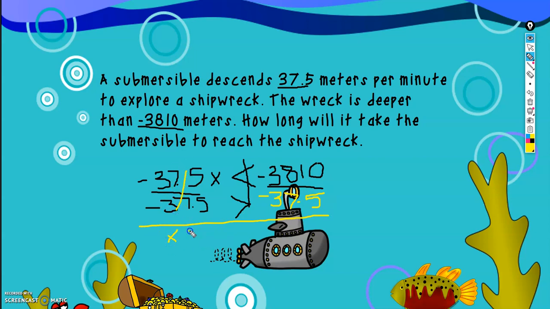Bring down your flipped inequality sign, and once you've done your division, a negative divided by a negative should give you a positive 101.6. Was it hours? Minutes. 101.6 minutes. So it's going to take us more than 101.6 minutes to reach this shipwreck.